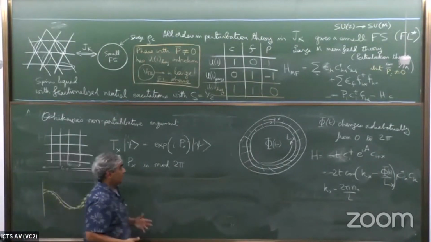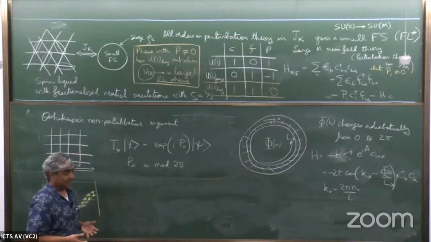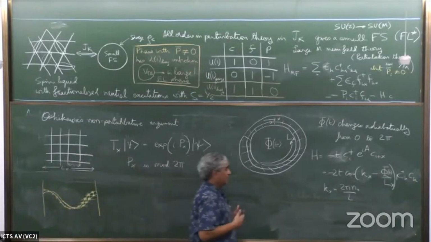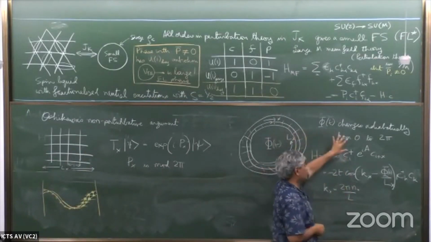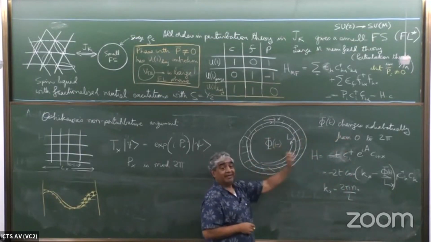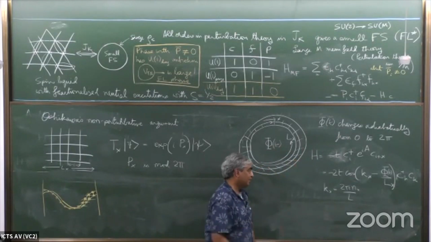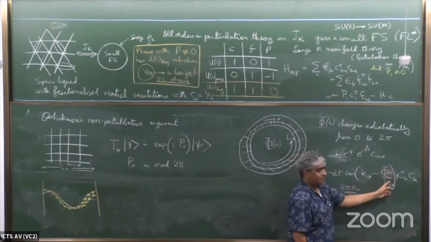Now, what I want to do is compare the momentum of the system before and after I do the flux insertion. For that to be a sensible comparison, since the 2 systems are gauge equivalent, I should compare the momentum in the same gauge. So I should do a gauge transformation, which corresponds to getting rid of this phi.